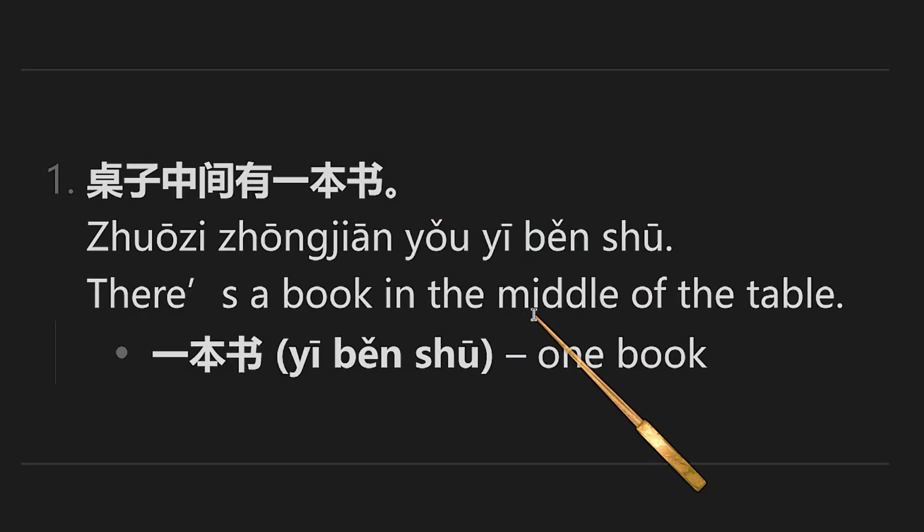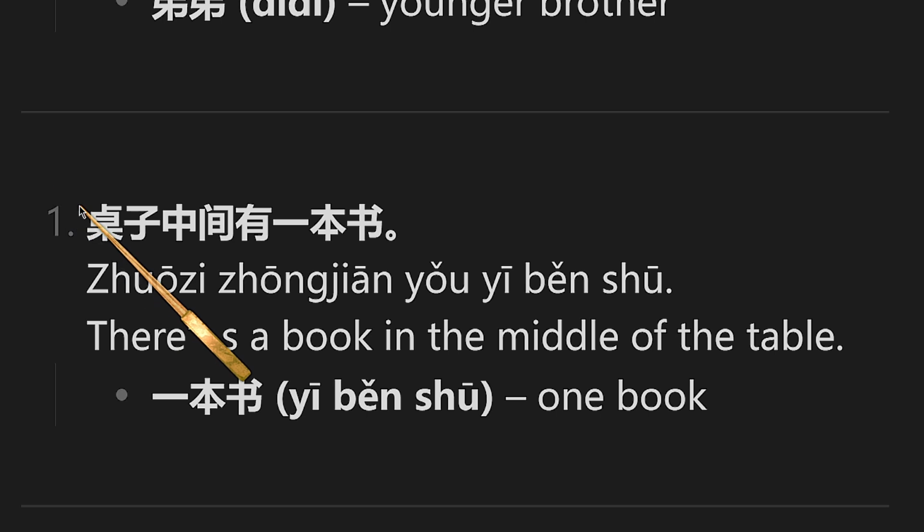There is a book in the middle of the table. 桌子中间有一本书。有一本书。桌子中间, at the table. So you can see this together. 桌子中间有, there is a book. Table center.